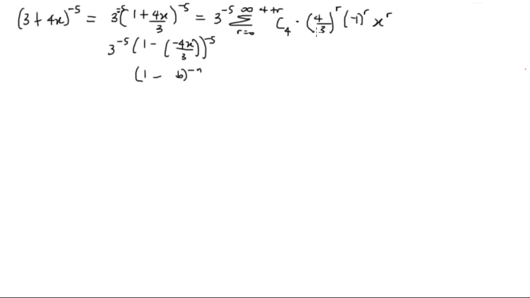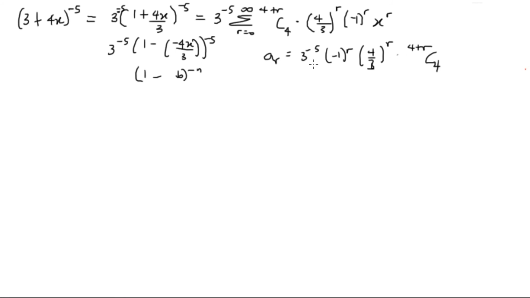These are the b's. I split the b's already. Now, one of the things I want you to note is that anytime we have a binomial of this nature, I'm supposed to continue now by saying that my Ar is equal to 3 raised to power minus 5, times minus 1 raised to power r, and then 4 over 3 raised to power r, and then 4 plus r combination 4.